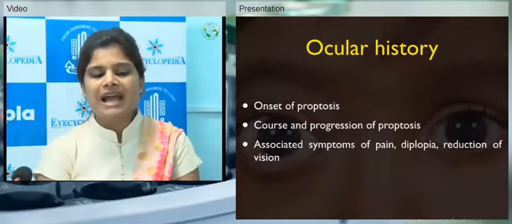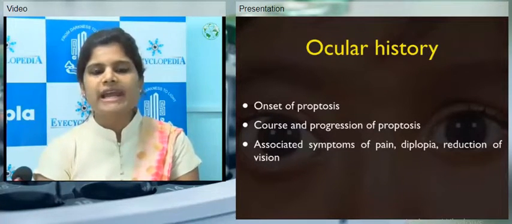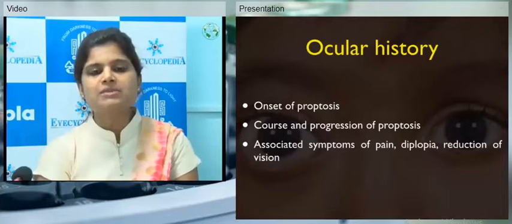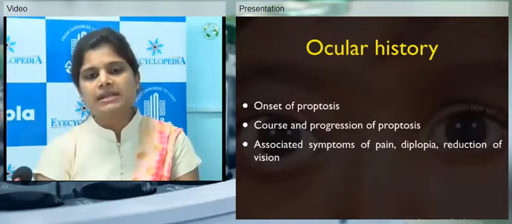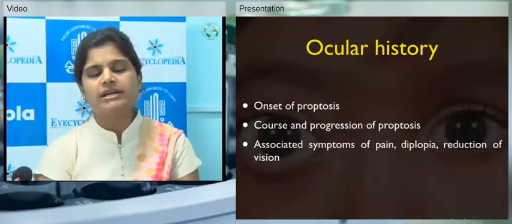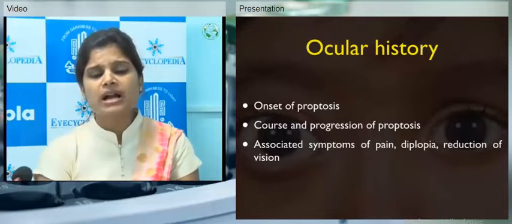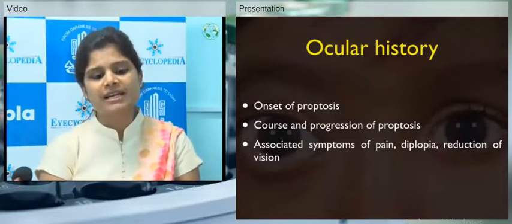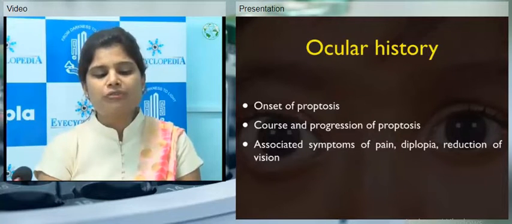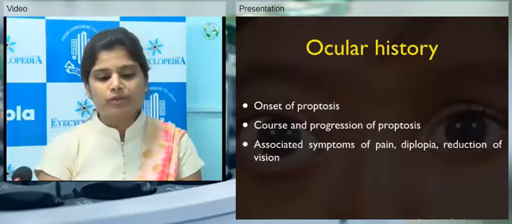Because if the patient has pain, it is either because of infection or inflammation, or, if it is because of a tumor, it is because of some perineural invasion which can occur in certain tumors, especially the lacrimal gland tumor, the adenoid cystic carcinoma of the lacrimal gland. So the history of pain helps give us a clue about the diagnosis.